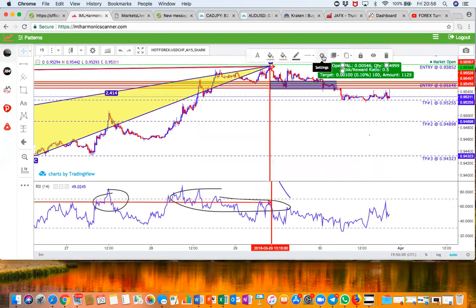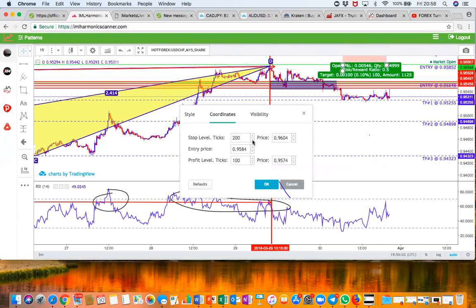Go to settings again. And then instead of putting just 10 pips, you put the take profit 1 on there. You can tweak it here anyway, I think, because I don't know how many pips those are. So let's put that number.